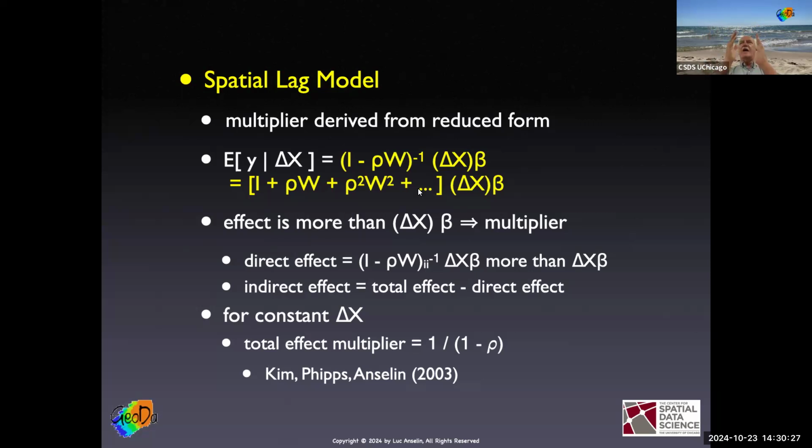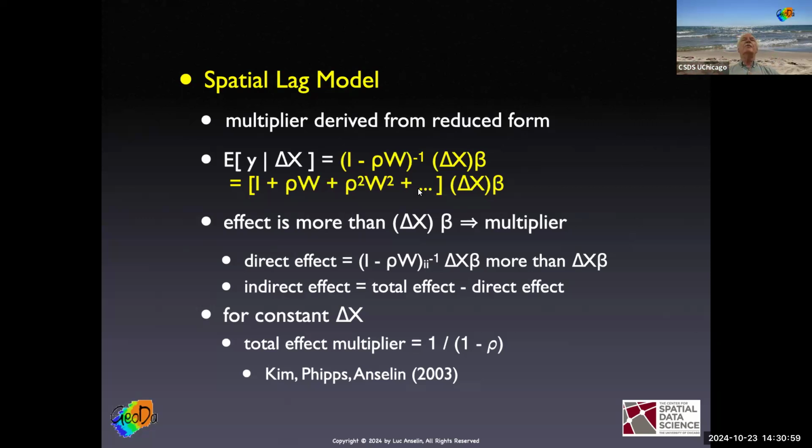And at the end of the day, when all this bouncing is done, I actually come out ahead with a higher value than beta. That is called a direct effect. So the direct effect in a spatial lag model is more than beta. In a standard regression model, and even in an SLX model, it is just beta. And then the indirect effect is everything else. And that's kind of complicated.